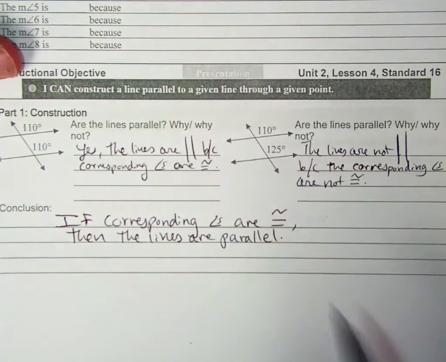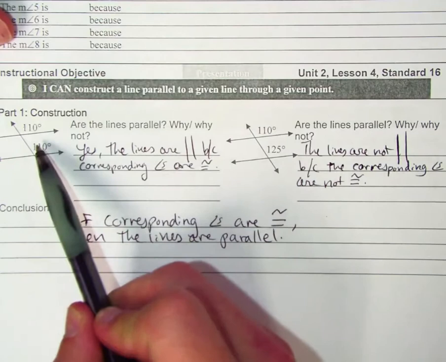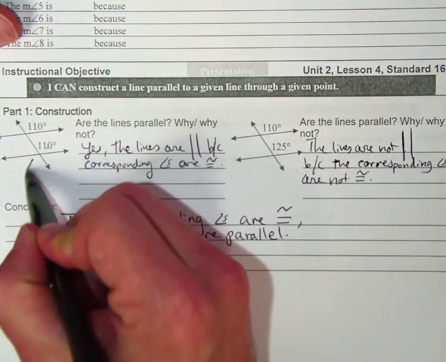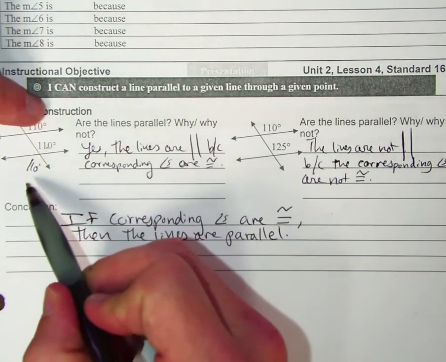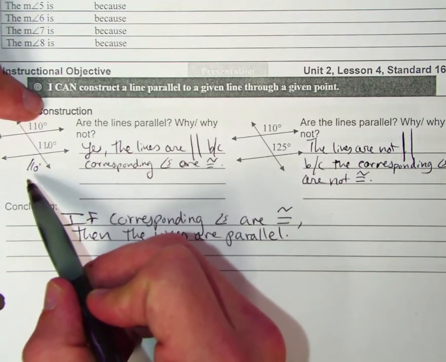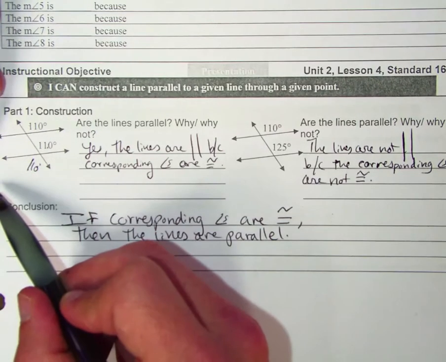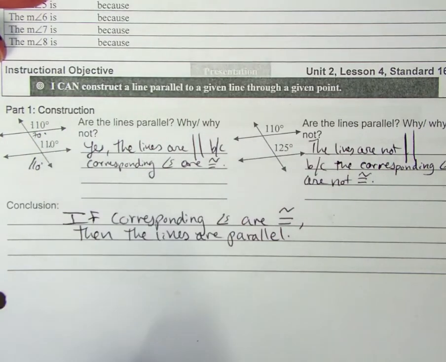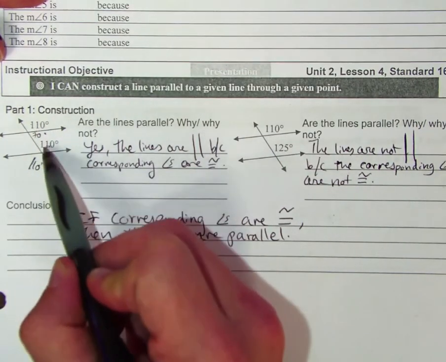And one of the things we'll realize is if corresponding angles are congruent, well, I could, for instance, then say this is 110 right here as well. These now are alternate exterior. So I could also say if alternate exterior angles are congruent, then the lines are parallel. But you could then say that this here is 70 because it's a linear pair. Well, then you know consecutive interior angles are supplementary.